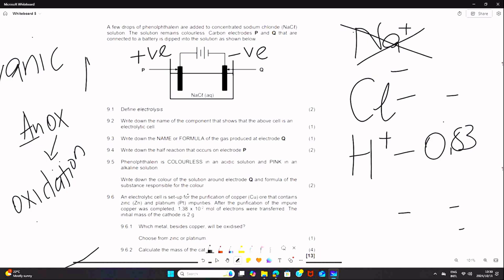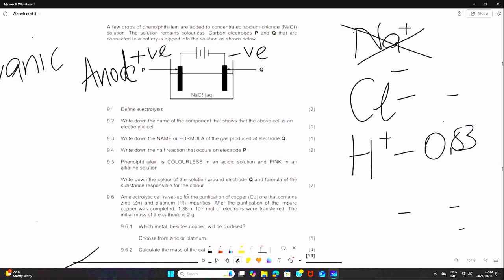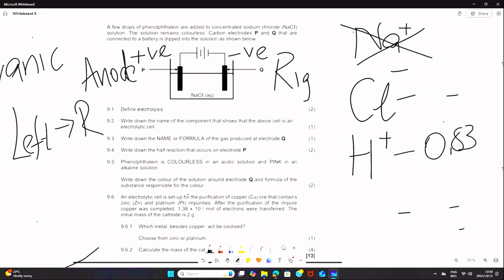Now at the anode, we know that is where oxidation takes place. Now, how do we write reactions for oxidation? We write them from right to left. And then how do we write reduction half reactions? We write them from left to right.